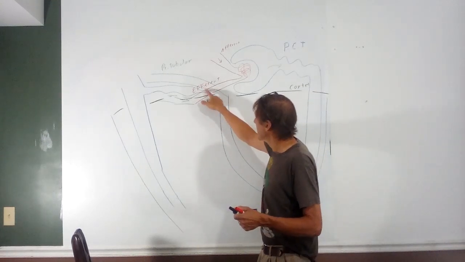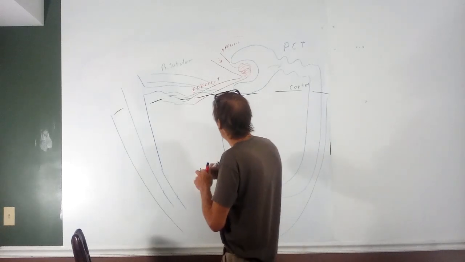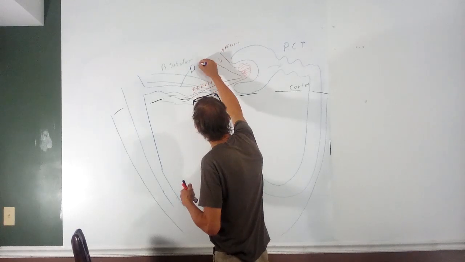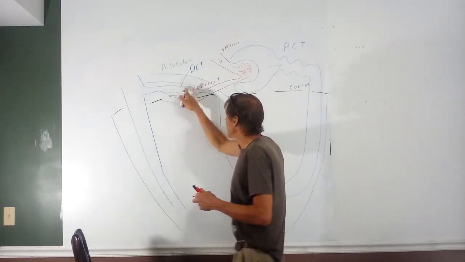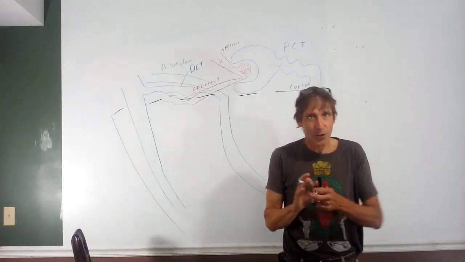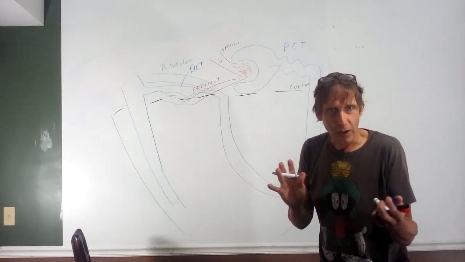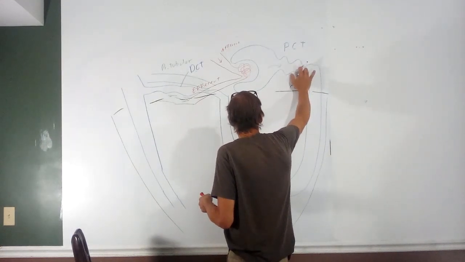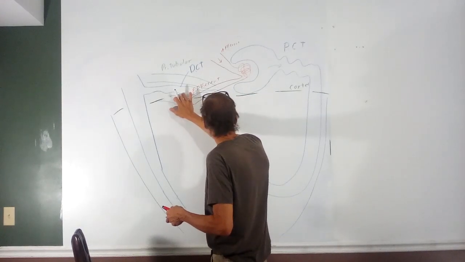Then you get into the cortex, and there's another little twisted up section of nephron, and this one is called the DCT, the abbreviation for distal convoluted tubule. Distal just means it's furthest away from the Bowman's capsule, and it's also twisted up or convoluted, and it's a tubule. So the Bowman's capsule, proximal convoluted tubule, loop of Henle, distal convoluted tubule.